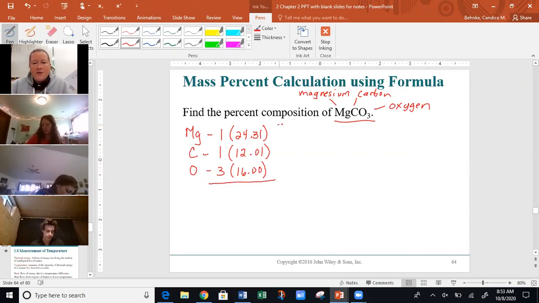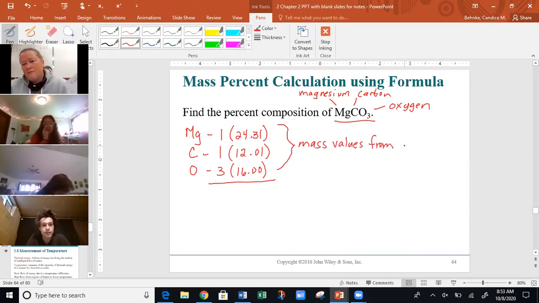I'm just going to remind you that these are mass values from the periodic table. So I will get a total, because I need to have a total before I can get a percent.